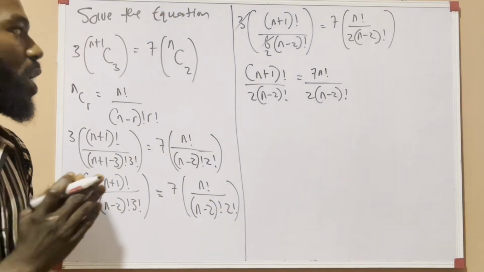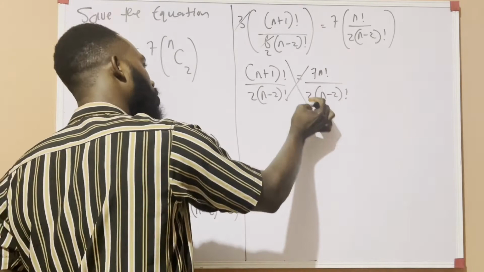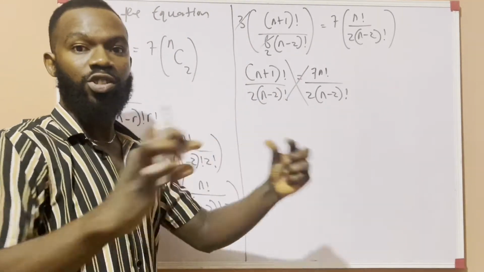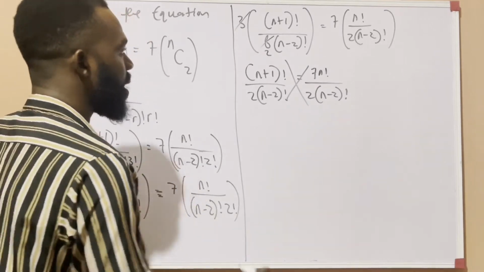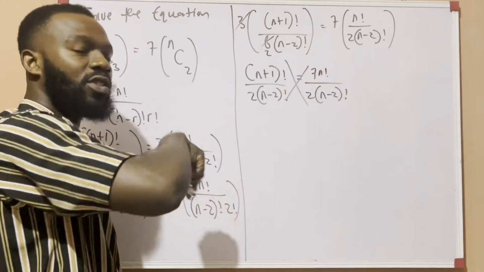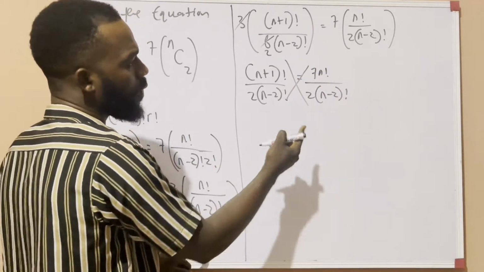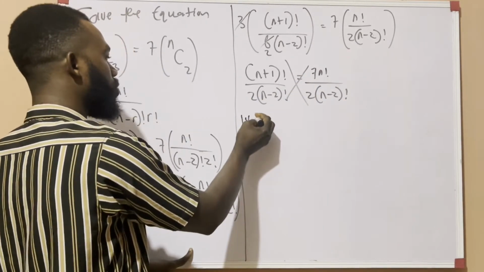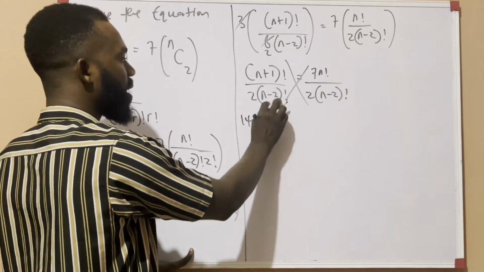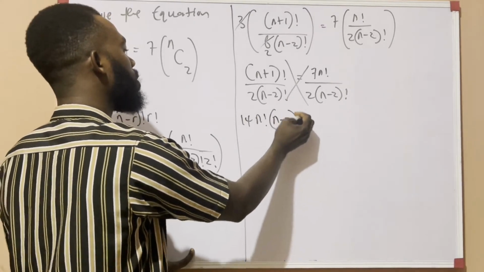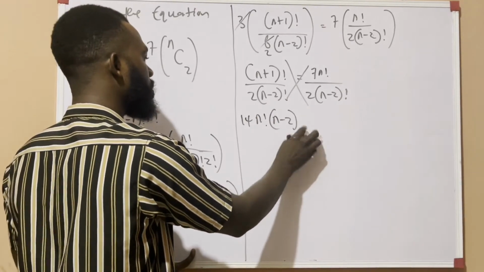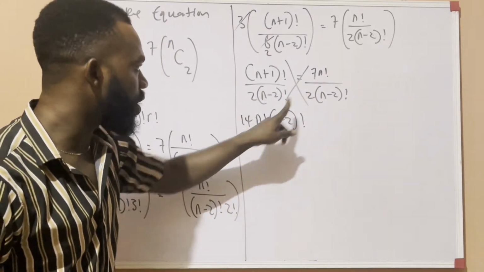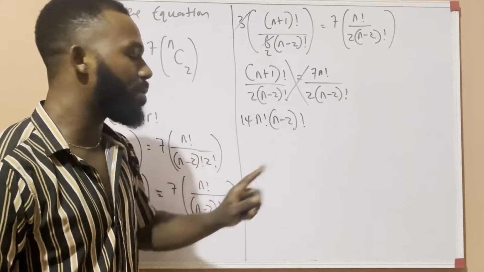Now what's the next thing we are going to do? Let us cross multiply, to make the math be on a straight line. If we cross multiply, 7n factorial multiplied by 2 times (n minus 2) factorial will give us 7 times 2, which is 14, so 14 times n factorial times (n minus 2) factorial.